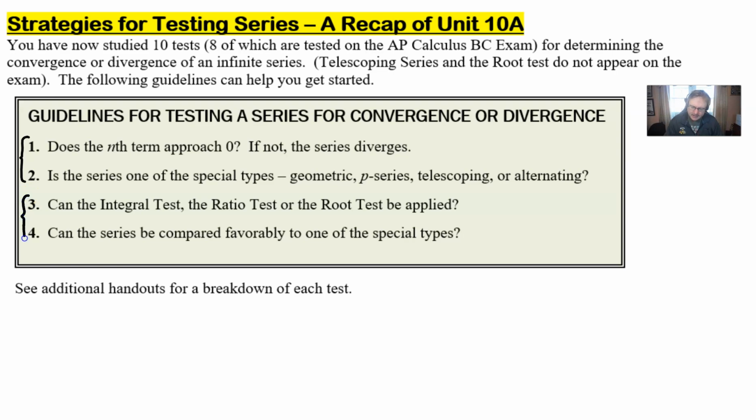And sometimes I clump 3 and 4 together. Sometimes the series has a look where the integral test seems to apply. A lot of times I will try to work with the ratio test first, because it seems, to me at least, to be a little bit more clean. The root test, although not on the BC exam, I look to see, is there a power of n surrounding everything? If I see that, I'm going to go right to the root test.